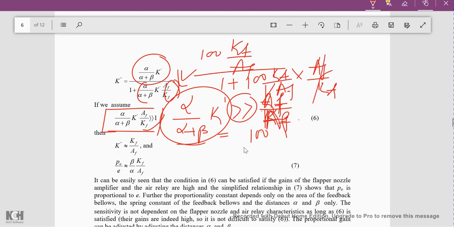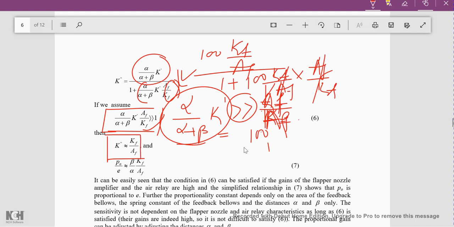So now this term and this term are going to cancel each other. What we get is 100 divided by 101 times kf by af. Now 100 divided by 101, you can consider that is almost equal to 1. Therefore it is approximately equal to kf by af.